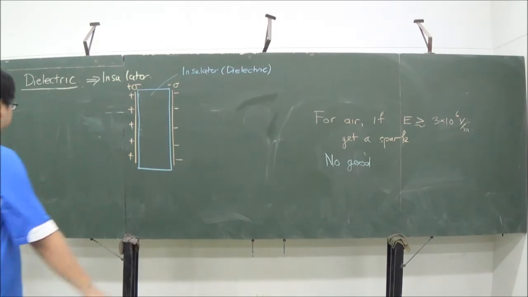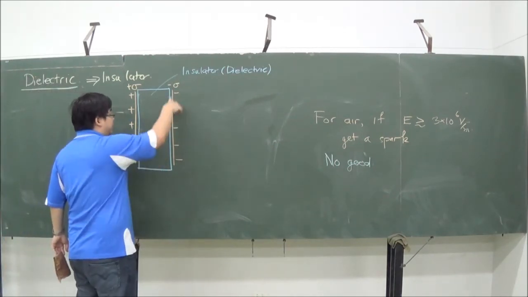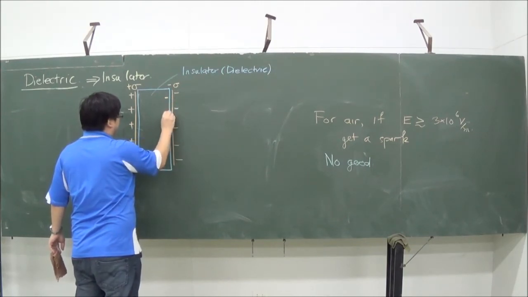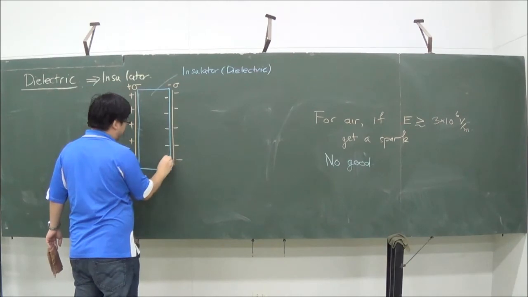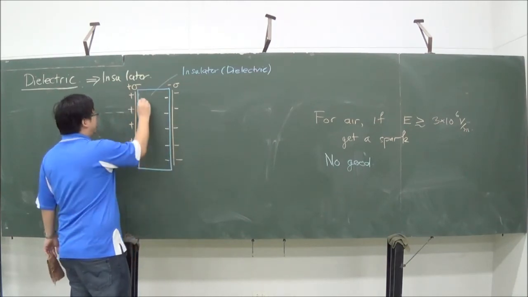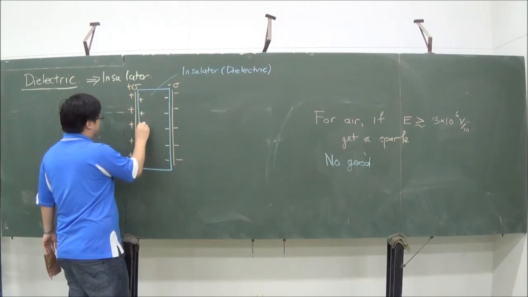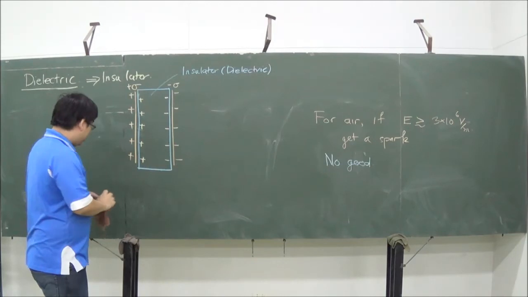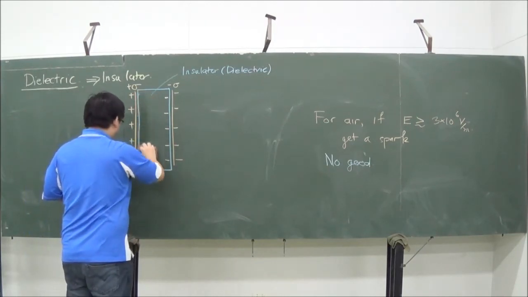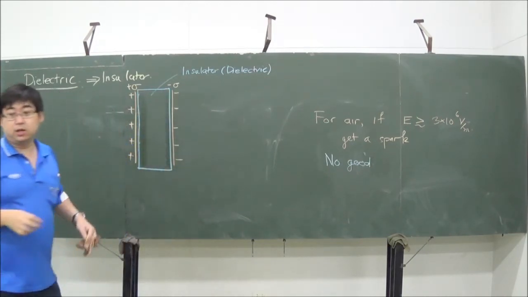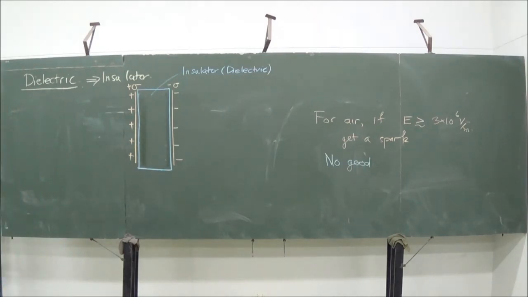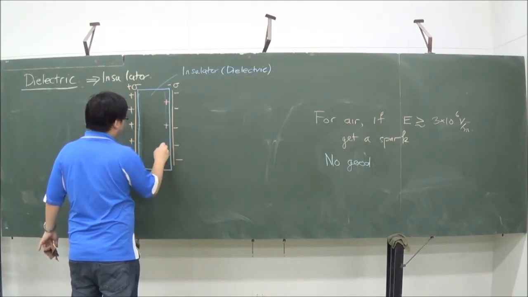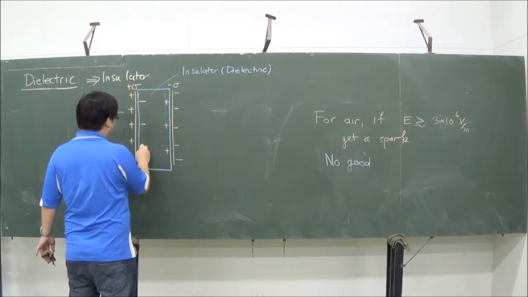So what happens after inserting this dielectric into the capacitor? These negative charges will induce positive charges in this insulator, and these positive charges will induce negative charges. Actually, let's draw with a red color, it's better. So we find a red chalk. So this positive, positive, positive, negative, negative, negative.